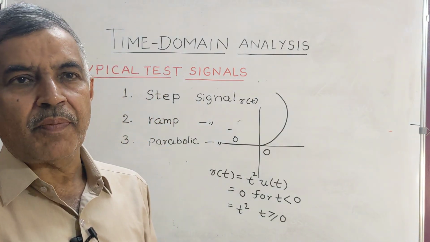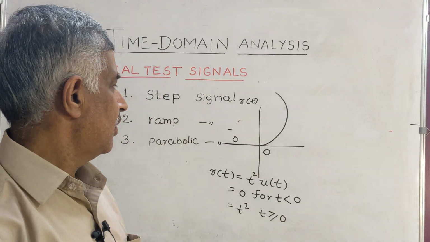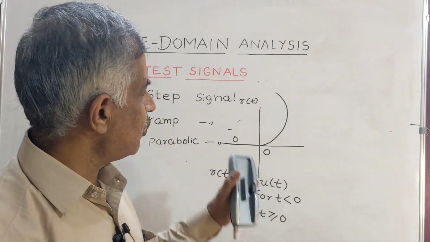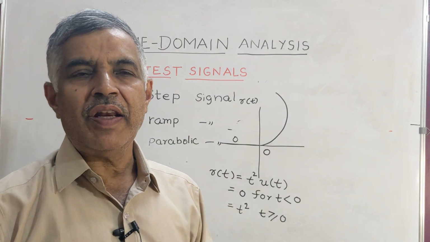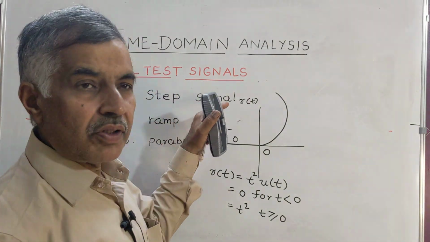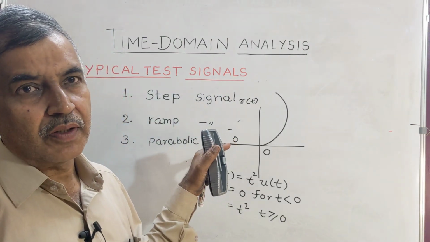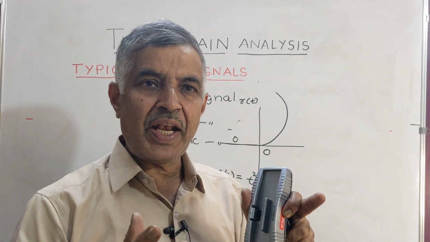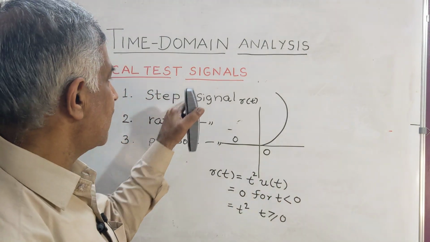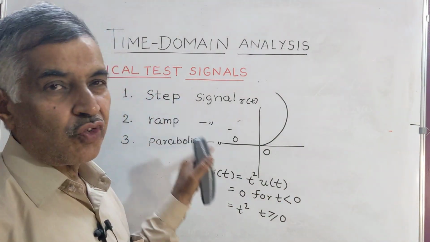So in control systems, in practical applications, before designing the system, the design engineer is going to assume these signals, and he will assess the performance of the system subjected to these inputs. It gives him an idea in designing the system, and these signals are very useful.